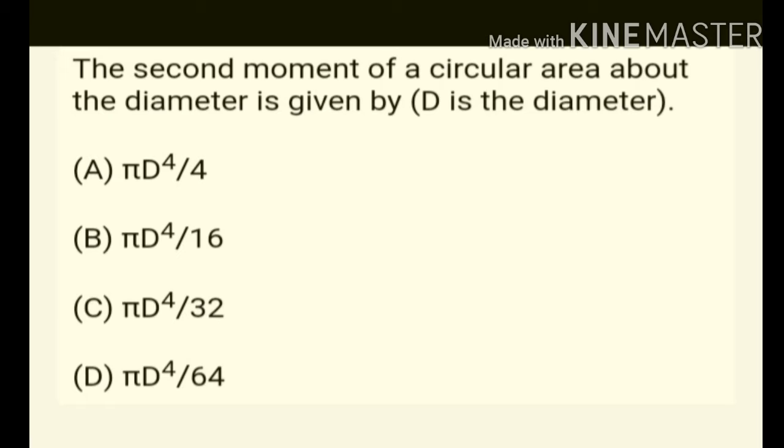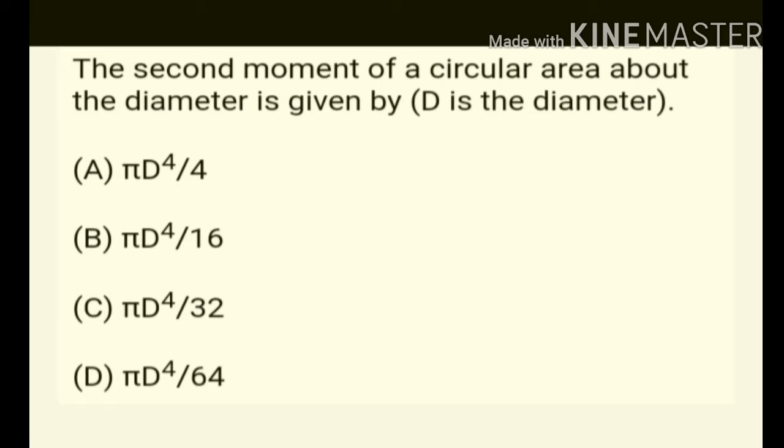So here he is asking the circular area second moment. So what is second moment? If you calculate the moment twice, that means area into perpendicular distance, again multiplied by perpendicular distance, that is called second moment. That means you are calculating the moment two times.